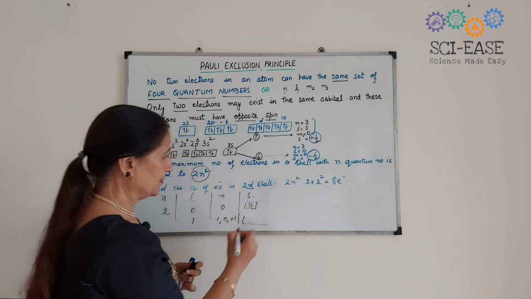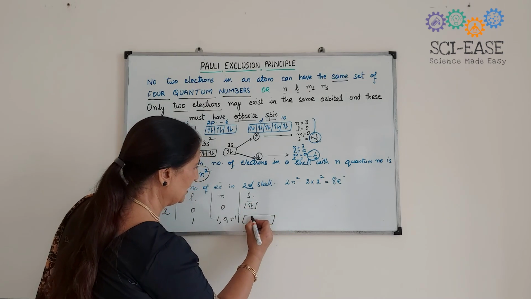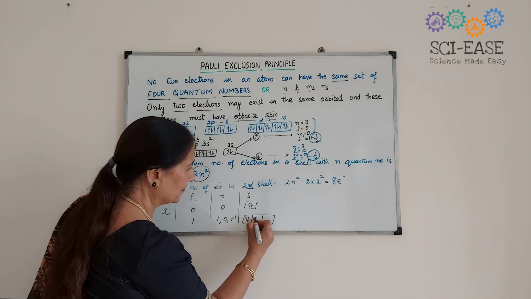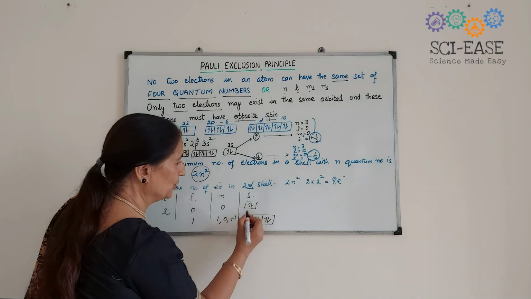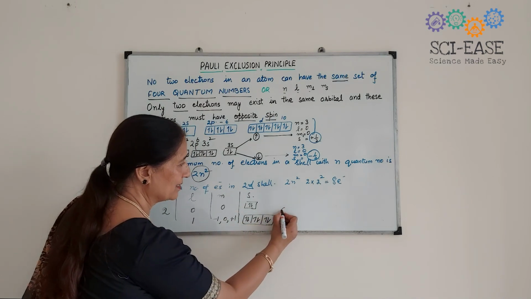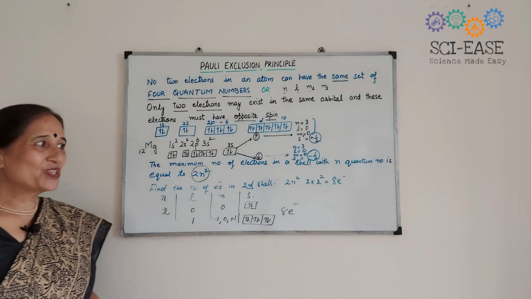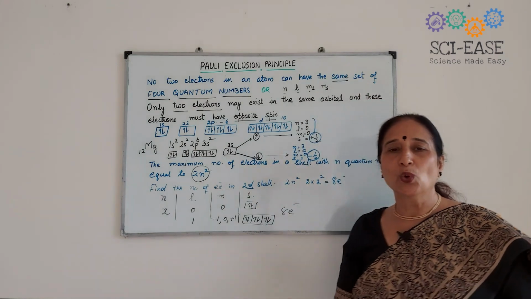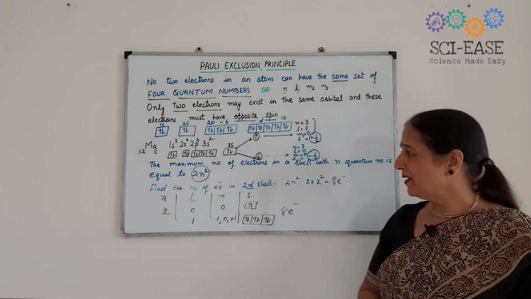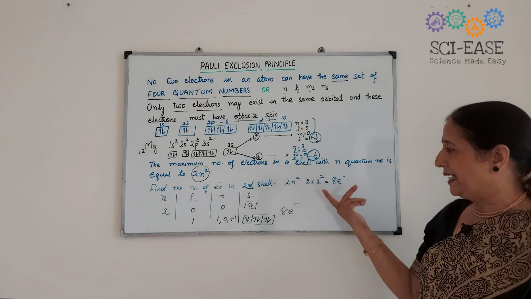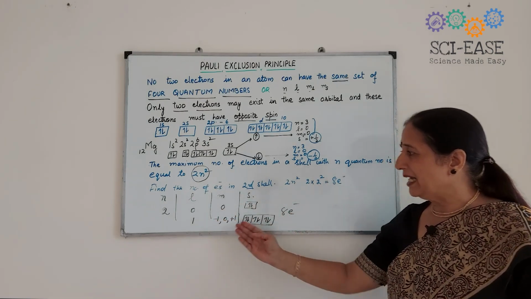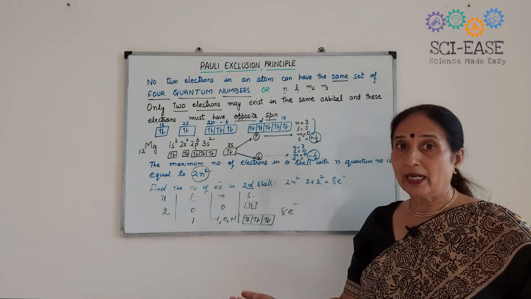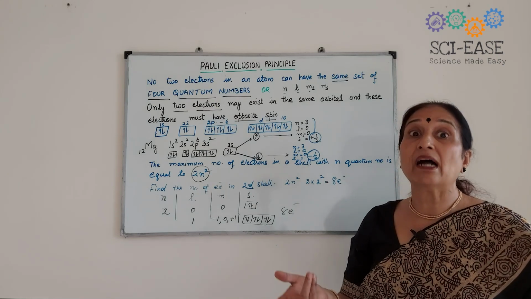Here 2 electrons will be in the s subshell, and in the 3 orbitals of the p subshell, so how many electrons? 2, 4, 6, 8. Again 8 electrons. So this is another way of finding the number of electrons if you know the value of n. One simple way is the 2n square rule, and the other method is also very important; you should know how to calculate it, and such types of questions are generally asked.